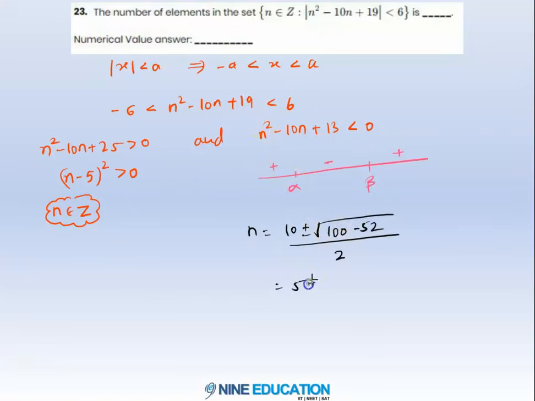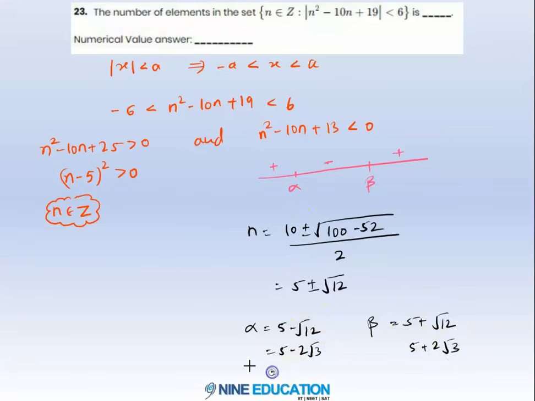So this will become 5 plus minus square root of 48, which can be written as 4 into 12, so that 4 I have taken out, it will become 2 and got cancelled, so only 12 is remaining. So alpha is nothing but 5 minus square root of 12 and beta is nothing but 5 plus square root of 12. So this can be written as 5 minus 2 root 3 and 5 plus 2 root 3.